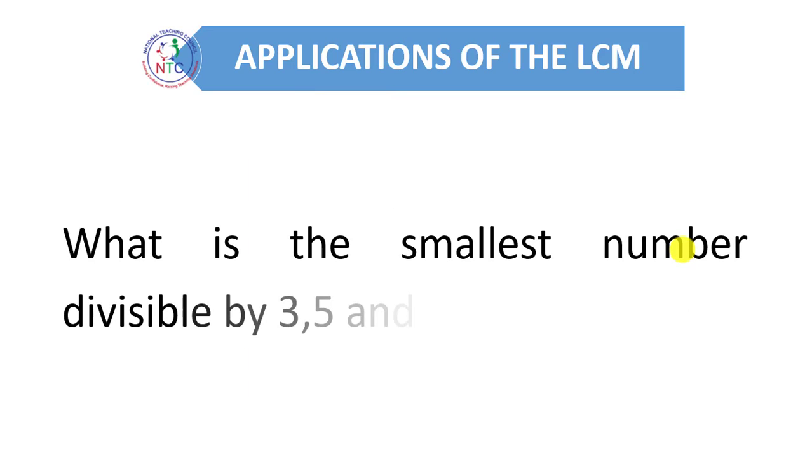Now let's look at one last application problem so we can bring this video to a close. What is the smallest number divisible by 3, 5, and 6? All right, as an example. Okay, so I think these numbers are pretty small, so we simply use the multiples or listing method to look for the LCM.